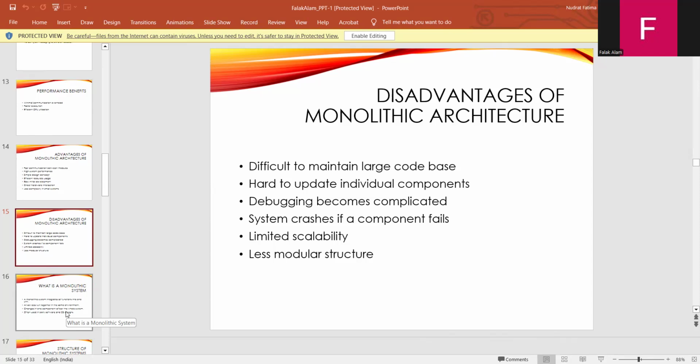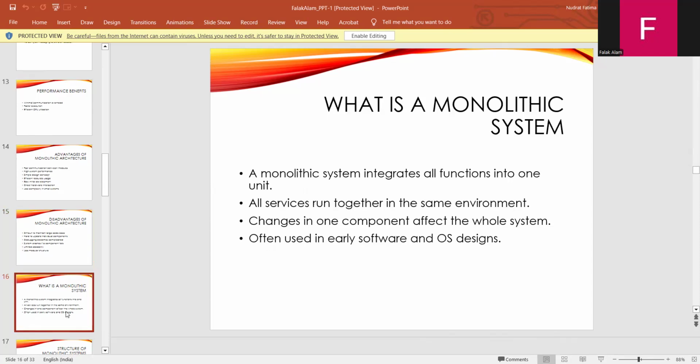Now we'll study what a monolithic system is. A monolithic system integrates all functions into one unit, and all the services run together in the same environment.